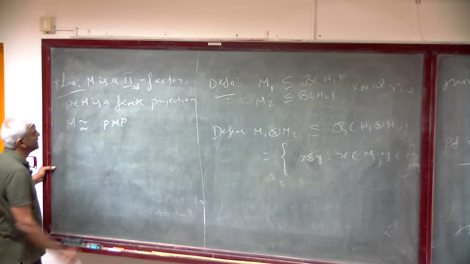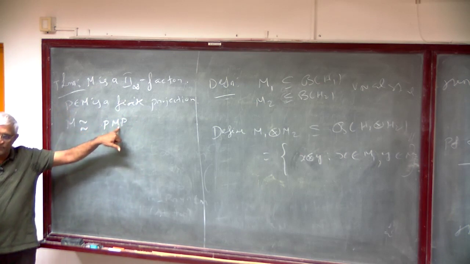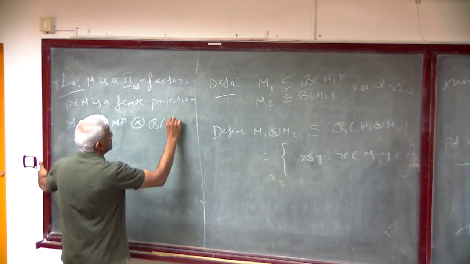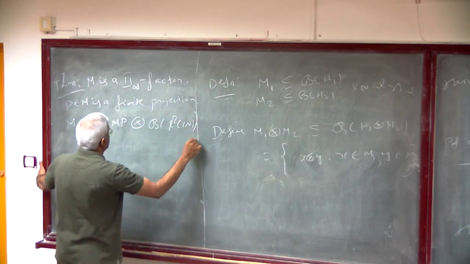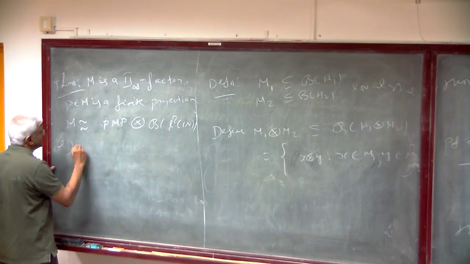I'm saying P, writing Q. So if P is a finite projection, so PMP is a 2-1 factor. Okay, it's tensor B of L2N. That is, we will write the isomorphism explicitly.